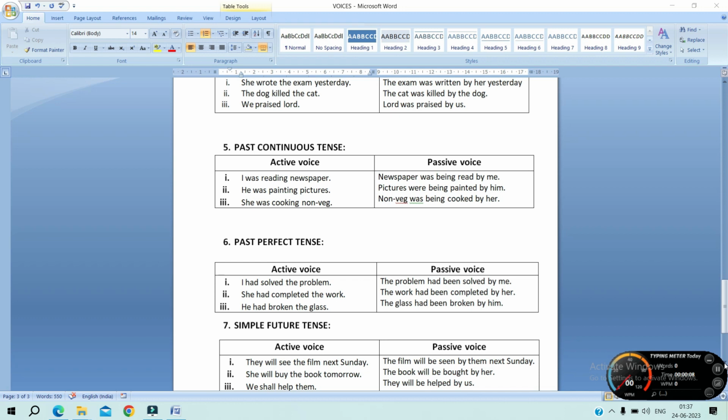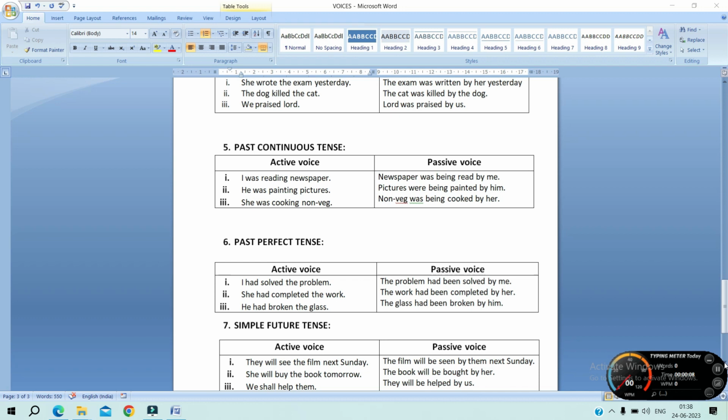And past perfect, I had solved the problem. The problem had been solved by me. And past continuous, I was reading newspaper. Newspaper was being read by me.